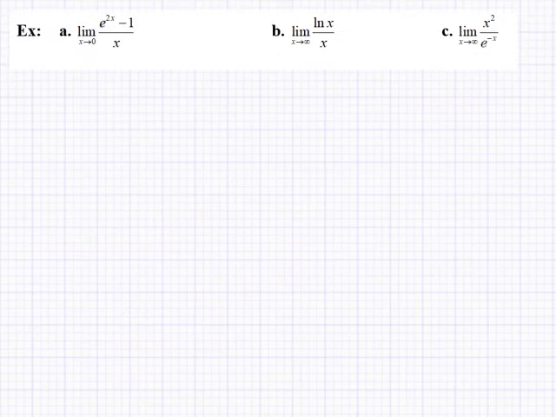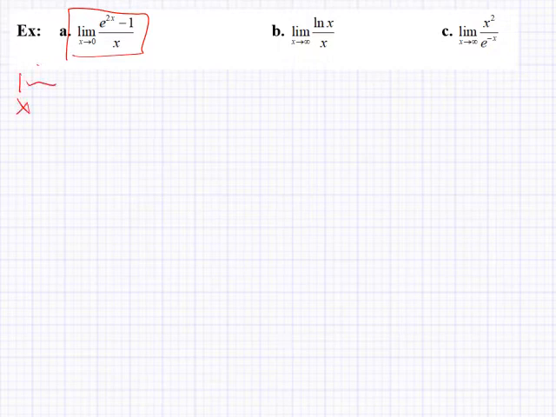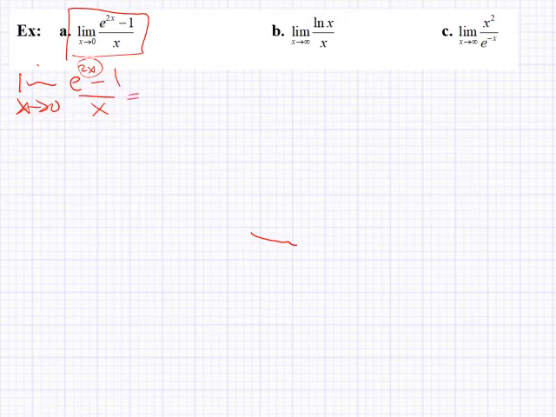So first, back to that one we were talking about, the one we couldn't just factor and simplify. In this case, if we look at the limit as x approaches 0 of e to the 2x minus 1 over x, remember, look at what's happening. As x approaches 0, this is getting closer to 0 here. E to the 0 would be 1, so 1 minus 1 would give me 0 in the numerator.